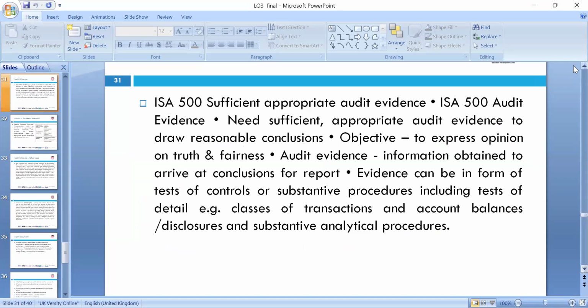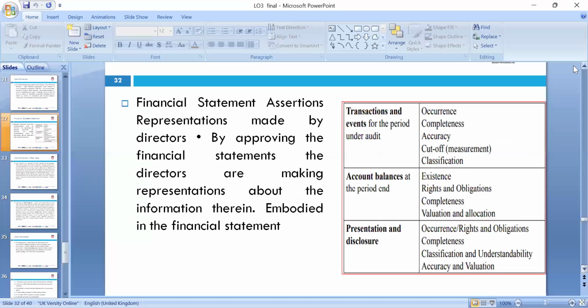So we have ISA 500, sufficient appropriate audit evidence. We have to look around the objective: express an opinion, true and fair. The auditor gathers every piece of information to arrive at a conclusion, and the evidence can be in the form of tests of controls, procedures including tests of classes of transaction, account balances and disclosures, and substantive procedures.